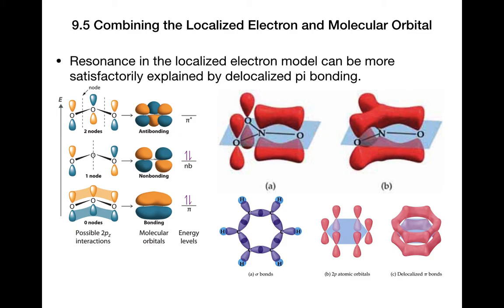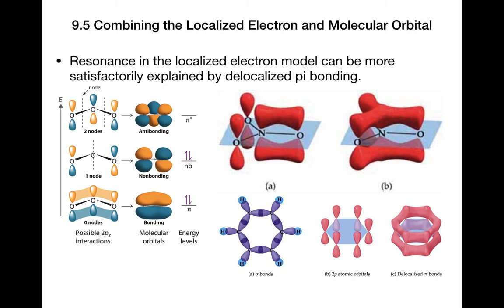You could have the right and left oxygen be opposite, and then the middle one could overlap with one of them in a constructive way and with the other one in a destructive way, and that would be called a non-bonding orbital. In fact, in O3, the bonding and the non-bonding orbitals are occupied, but the anti-bonding orbitals are not.